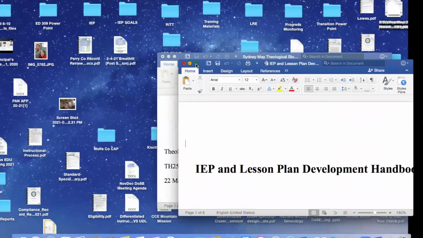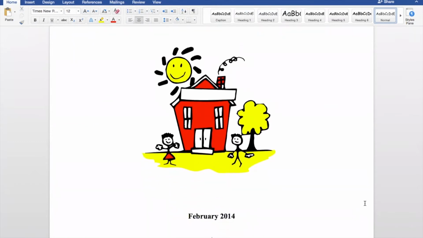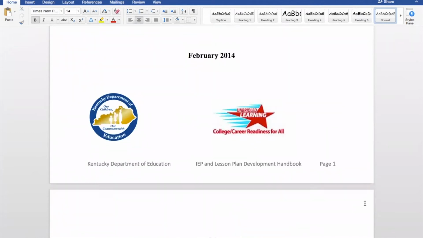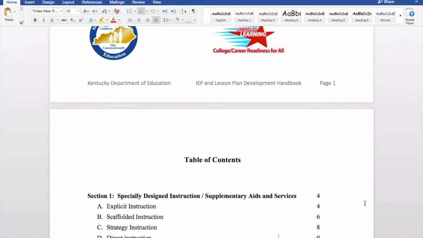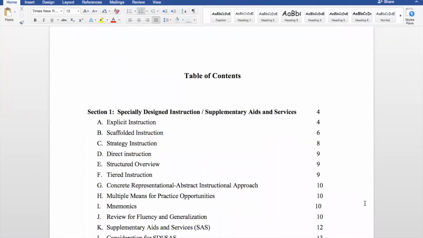Okay, right here. Everybody able to see that okay? So this was last published in February 2014. I understand it's been under reconstruction and they're going to update it, but there's still some good stuff in here.